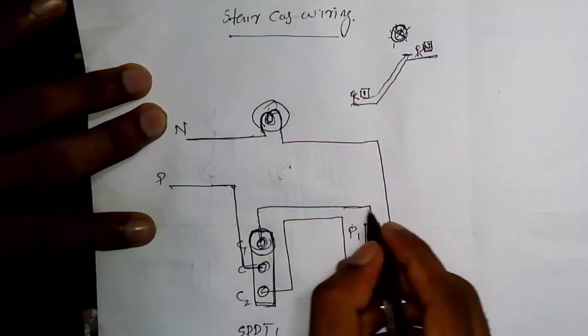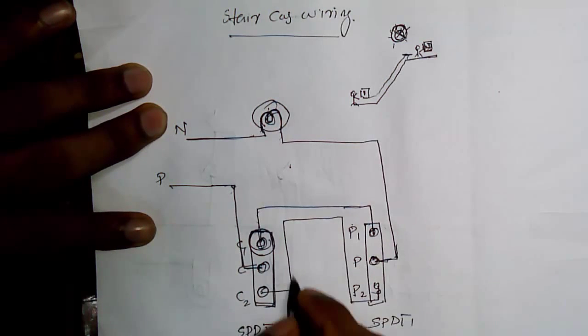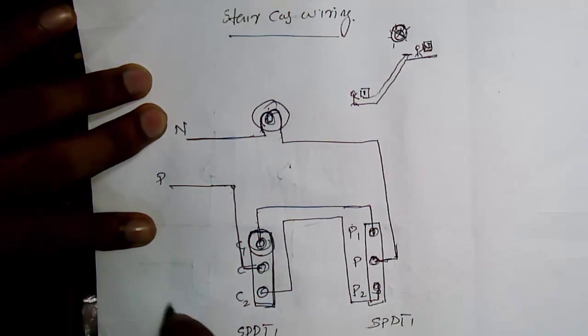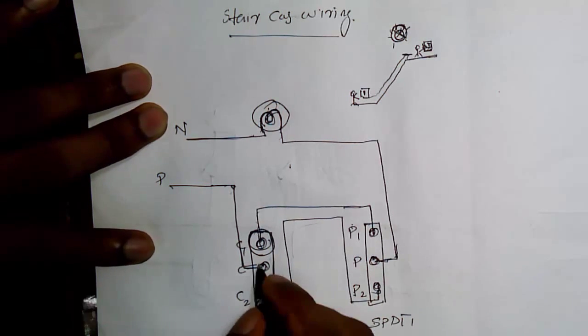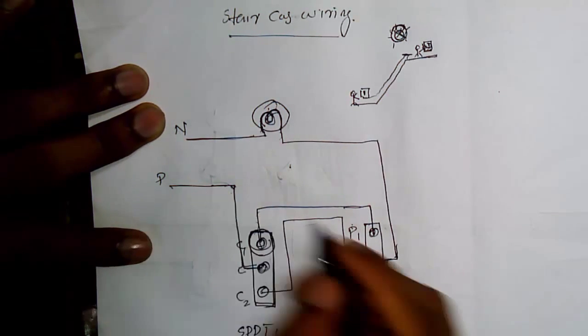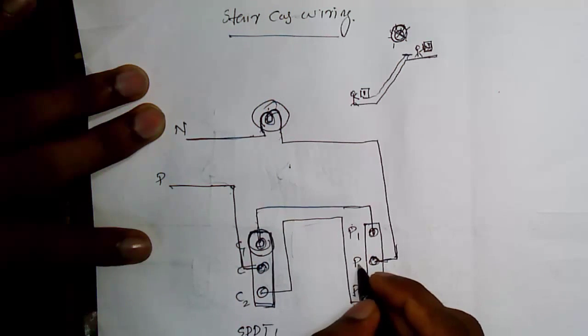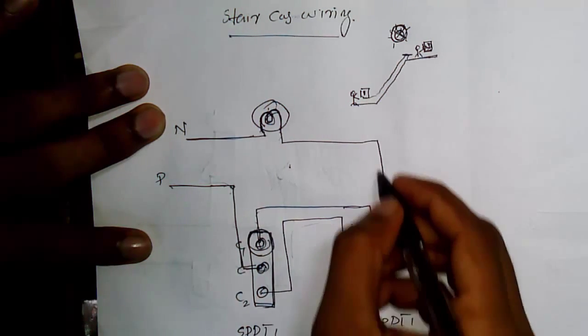The C1 point and the P1 point are joined, and the C2 point and the P2 point are joined. The common point of the first switch is connected to the phase, and the common point of the second switch is connected to the bulb.